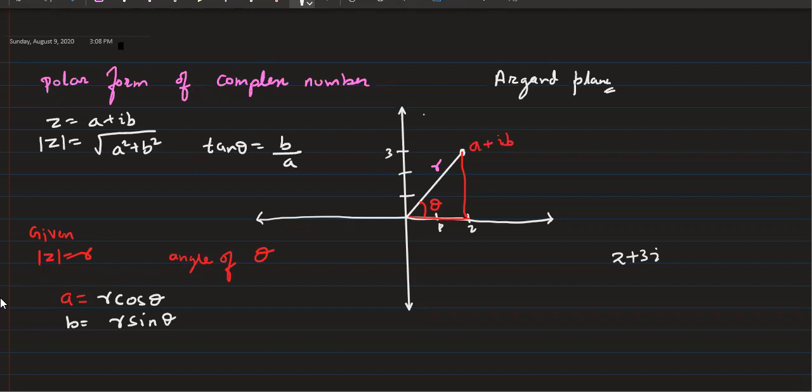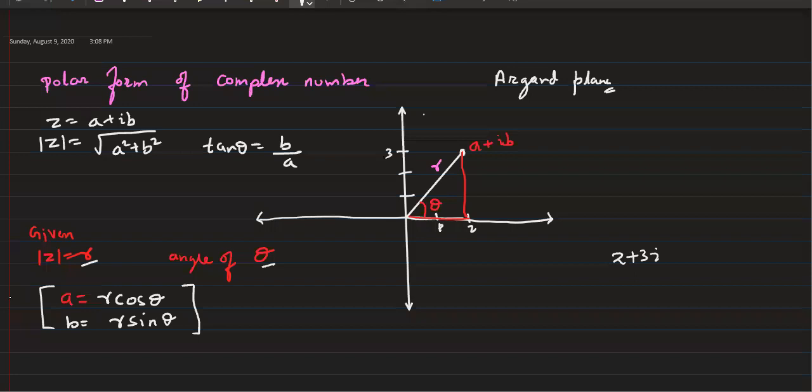But suppose instead of that, we have the magnitude and angle. Then I can find the real component and imaginary component as r cos theta and r sin theta.